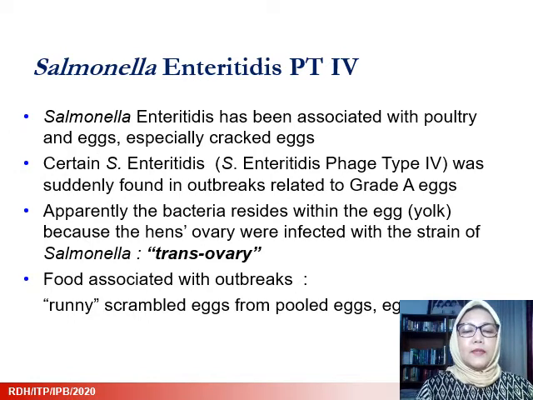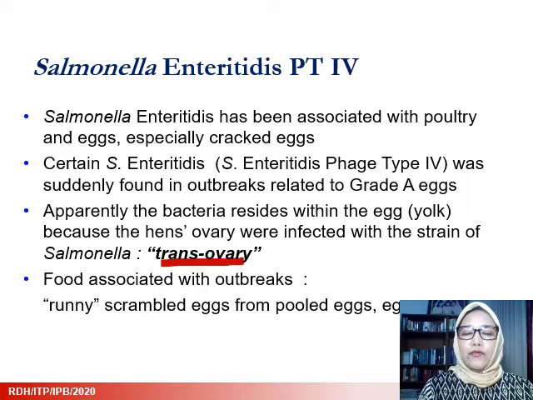However, certain Salmonella enteritidis was suddenly found in outbreaks related to grade A or uncracked eggs. Apparently, the bacterium resides within the egg yolk because the hen's ovary was infected. Thus, the terminology trans-ovary transmission. Foods associated with outbreaks include runny, scrambled eggs, pooled eggs, as well as eggnogs.